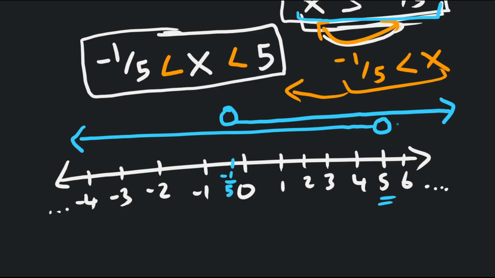Okay, and now you have to look at both of these in order to combine them. You want to see what these two lines have in common. So these two lines, as you can see right here, they have this piece in common. Both of these lines go across this piece from negative 1/5 to 5. So let's draw a new line, both with open-ended circles.